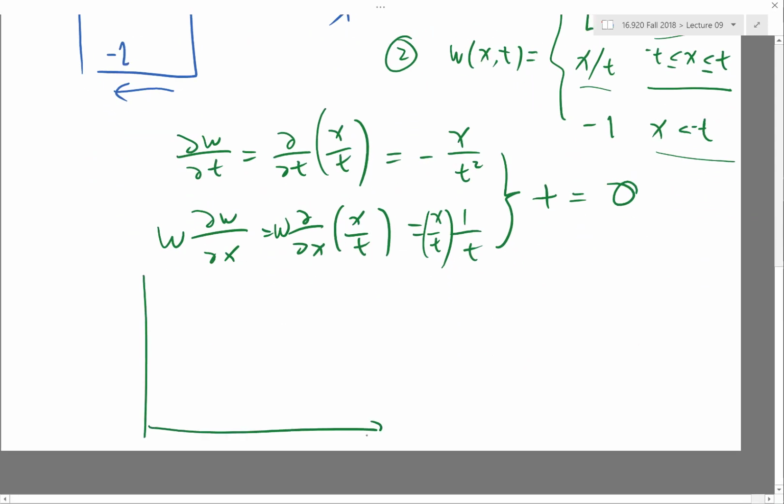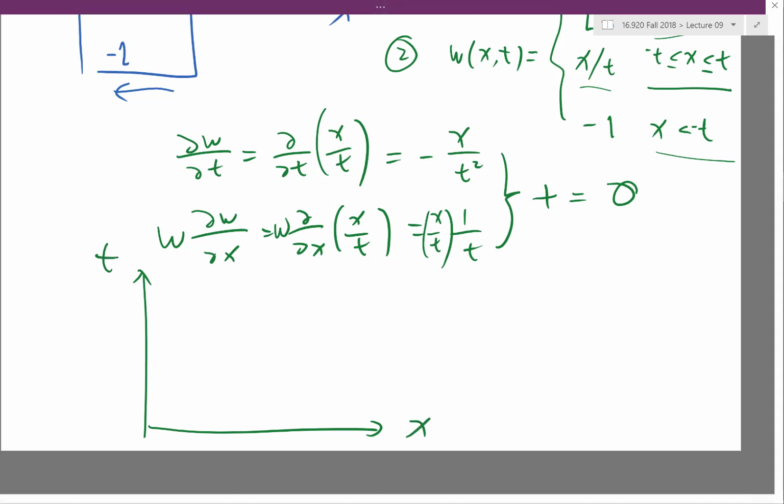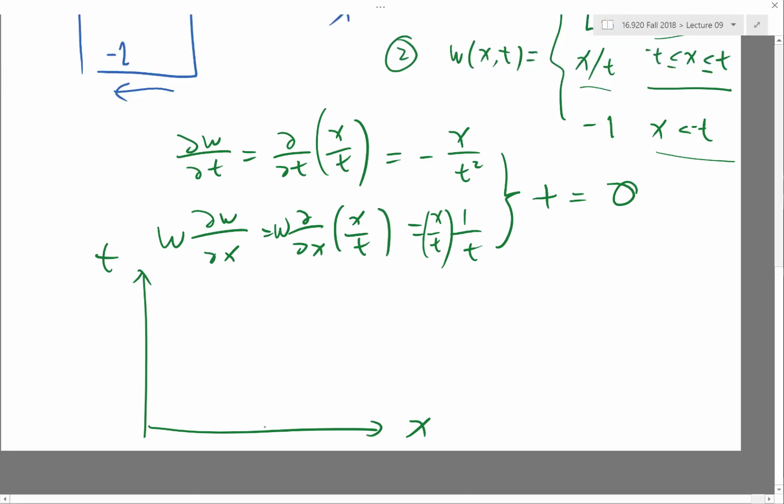If you look at the diagram in space and time, x and t, the first solution, let's denote as blue, has a discontinuity that stays constant in space. And we have minus 1 here, plus 1 here. The second solution is smooth.